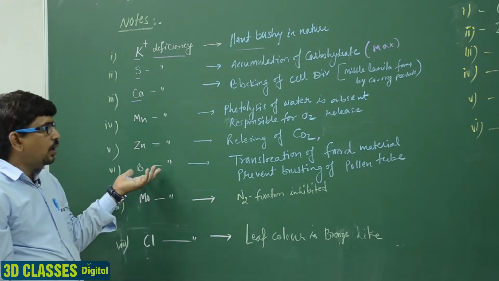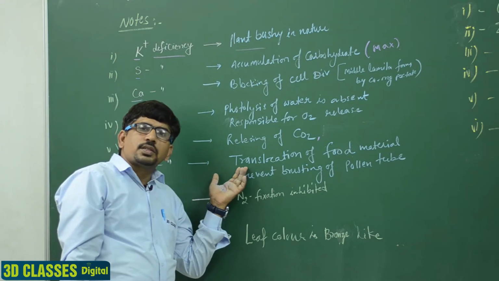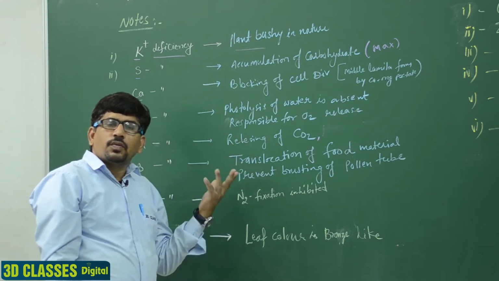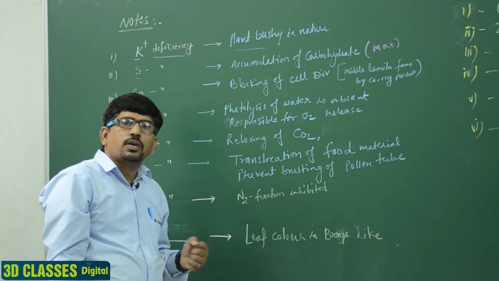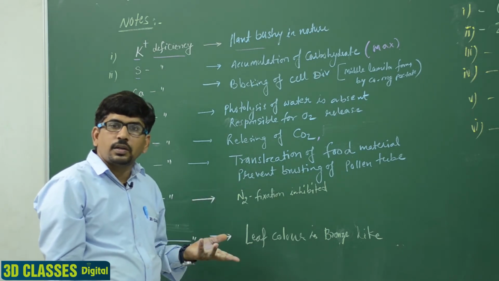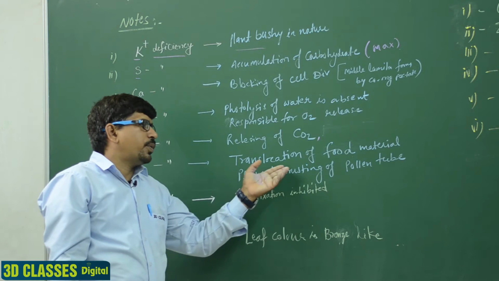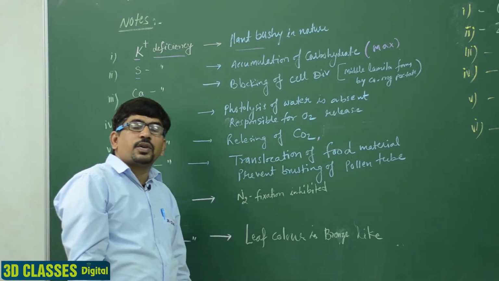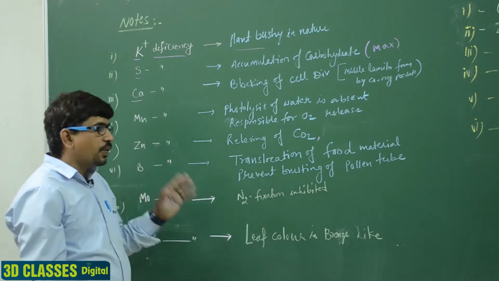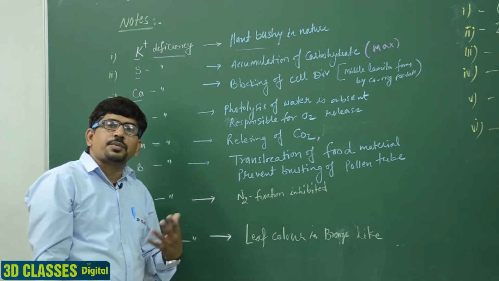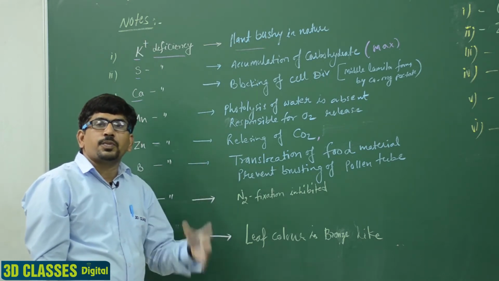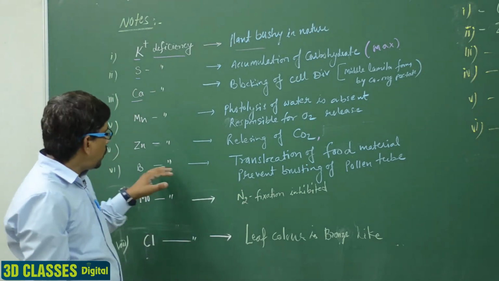You know very well, in the translocation process in the phloem, boron is responsible for the translocation of food material, organic matter, and prevents the bursting of the pollen tube. These are the main functions. So due to the deficiency of boron, these functions do not occur. It means proper translocation is absent and the pollen tube bursts.